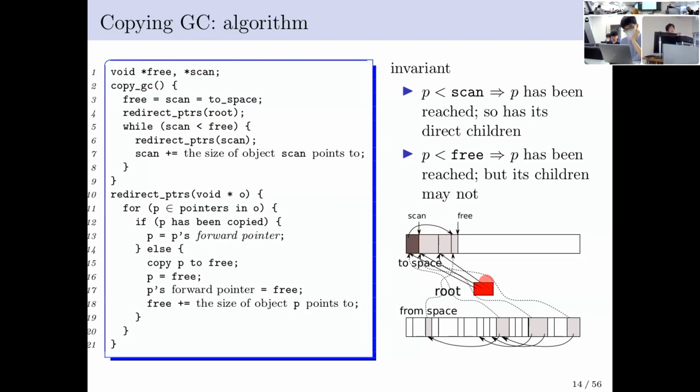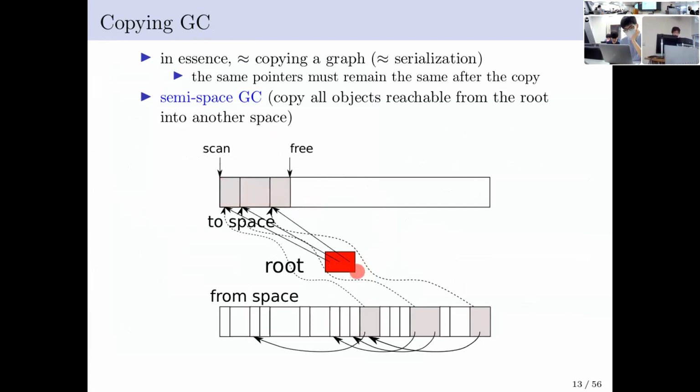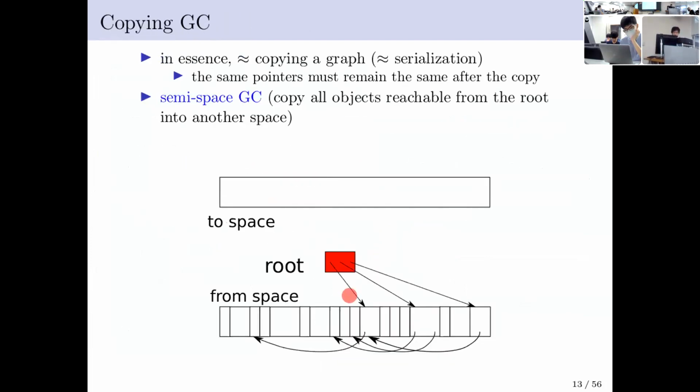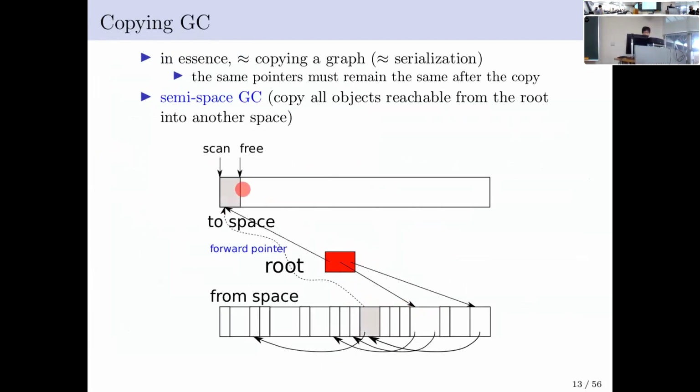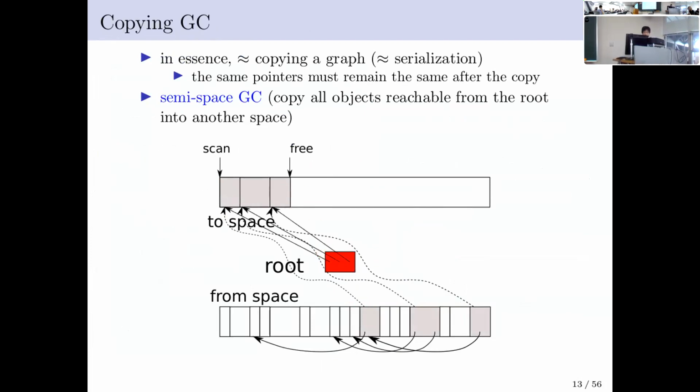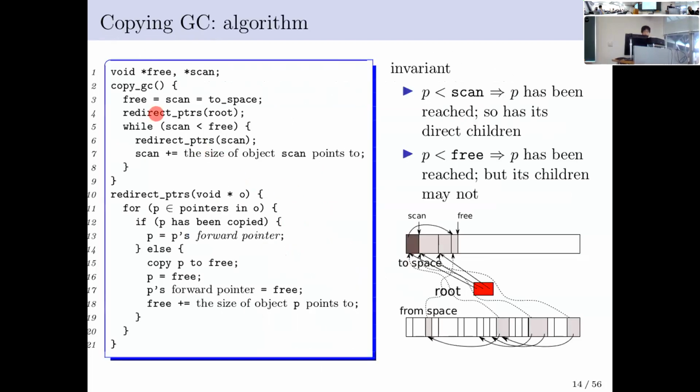This is doing exactly what I described in the beginning of this phase. Basically, you copy these three objects to this to-space and redirect all these three pointers to the new space. So this is what happens in this redirect pointers root.